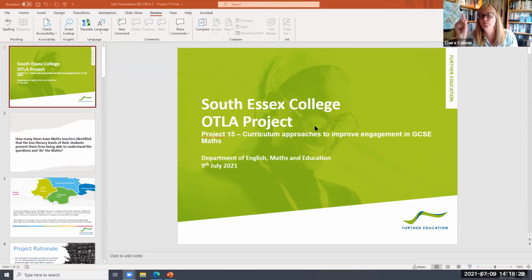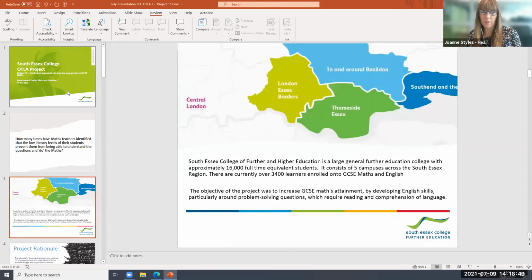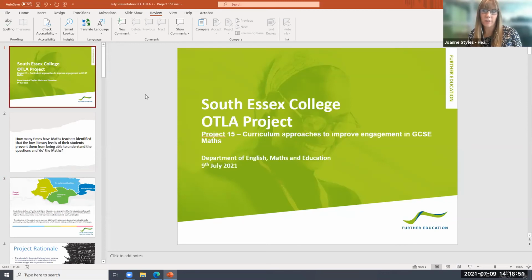If you go to the top right-hand corner and put it on side by side, you should be able to see your screen as well as us seeing it. Just trying to see. Can you see it as a slideshow? Yeah, we can see it. Okay, that's fine. It's just quite difficult.